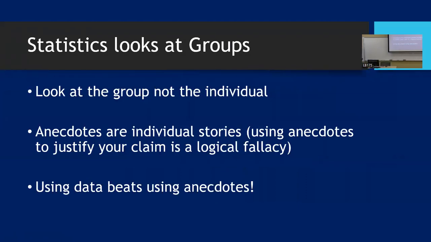And the big idea here is that whenever we see statistics, like central tendencies of a data set, we're looking at the data set as a whole and not every individual in that data set.